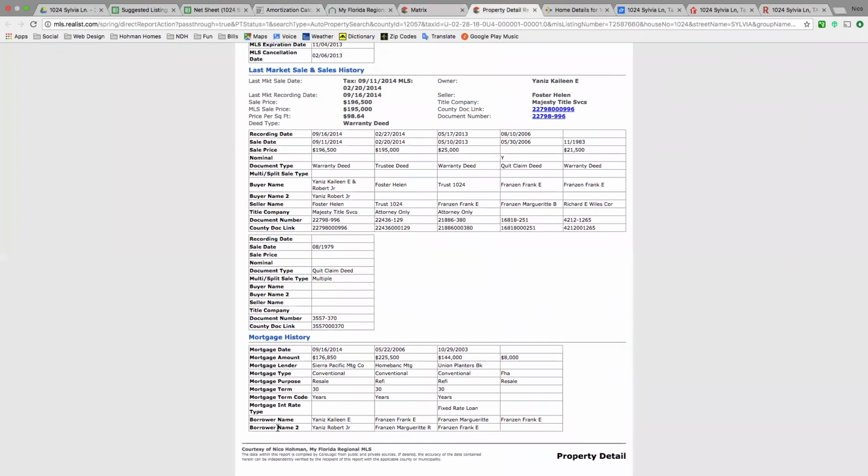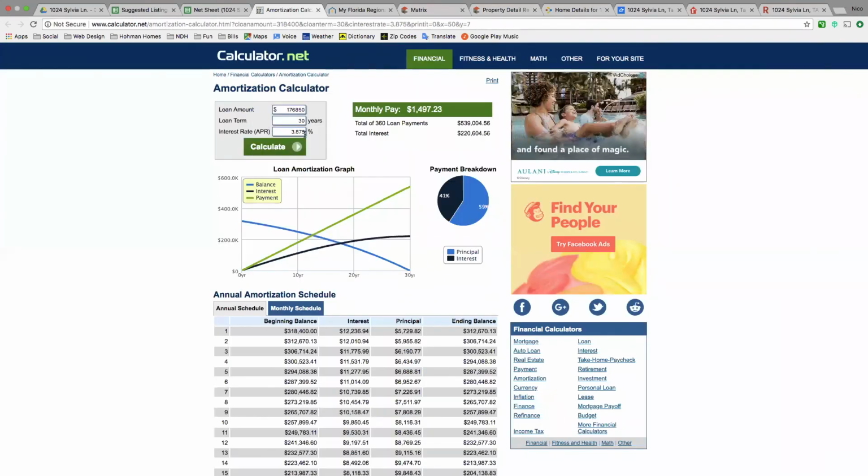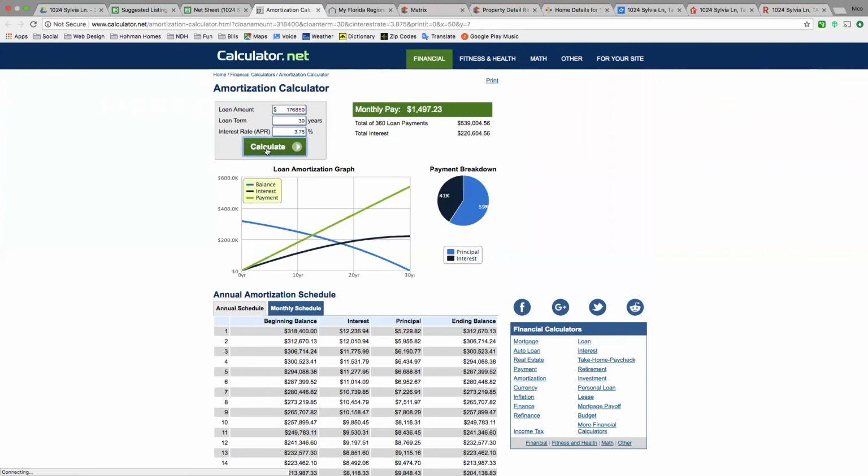We're not going to know exactly what rate they received. What we do know is historical interest rates. Back in 2014, interest rates were pretty low, around 3.5%. So somewhere between 3.5%, 3.75%, maybe even 4% would be an acceptable number. Just to err on the high side, let's say 3.75%.